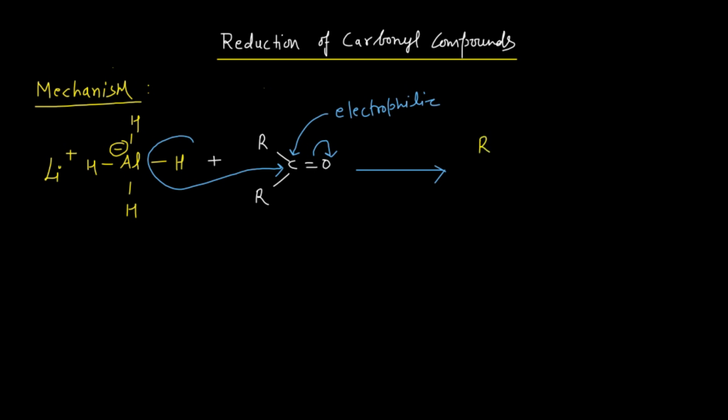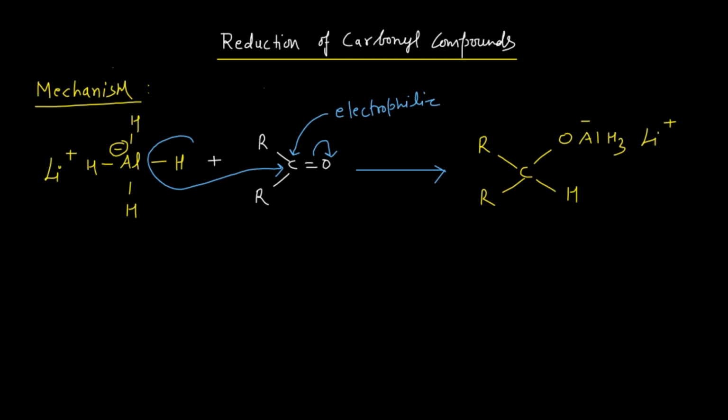Your R was there, and this is your carbon, and another alkyl group was there, and this is the hydrogen which is coming from the aluminium hydride. And the remaining part is what? This oxygen will become negatively charged. When the electron pair shifts here, it gets negatively charged. So this negative is over there, and you are having AlH3. Of course, this part would be negatively charged, and lithium positive will also be there. So this is the reaction.